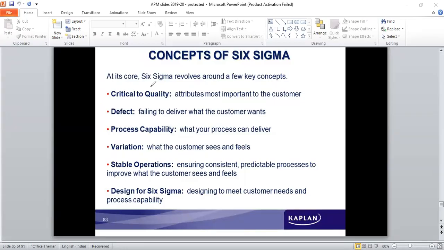So specifically with Thebe, they have identified the area where their competitor failed. So if a competitor has failed, they have identified that as their area. Now they are looking at how they would be able to deliver better services. So what your process can deliver, what the customer sees and feels, ensuring consistent, predictable process to improve what the customer sees and feels, and then deciding part.